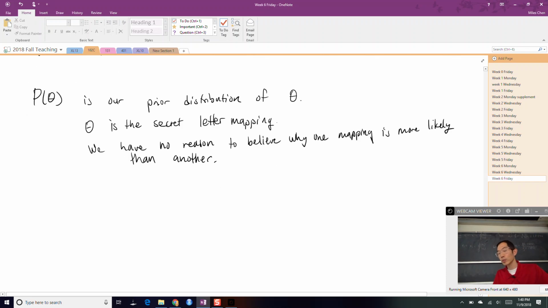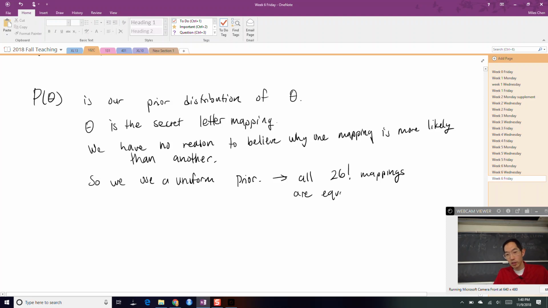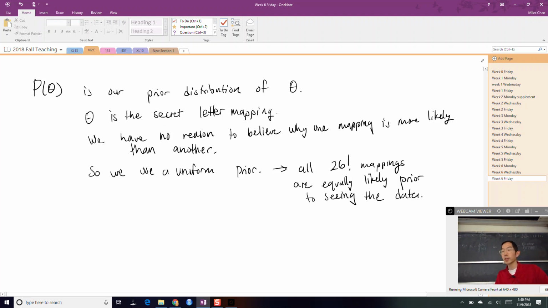Okay, so we use a uniform prior, and this will just mean all 26 factorial mappings are equally likely prior to seeing the data. Right? Is that okay?